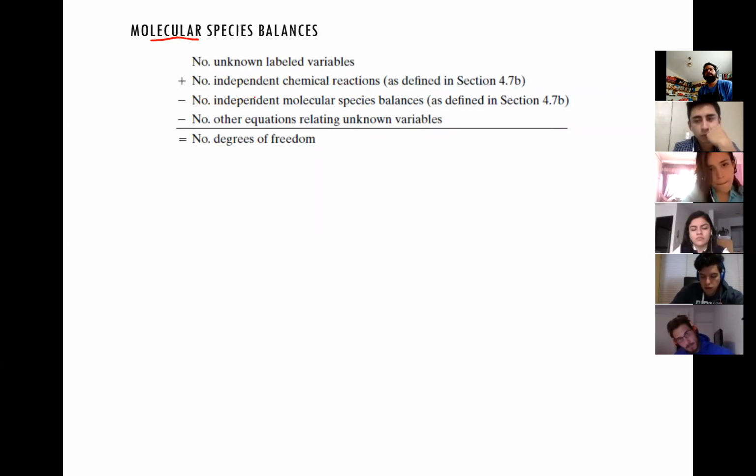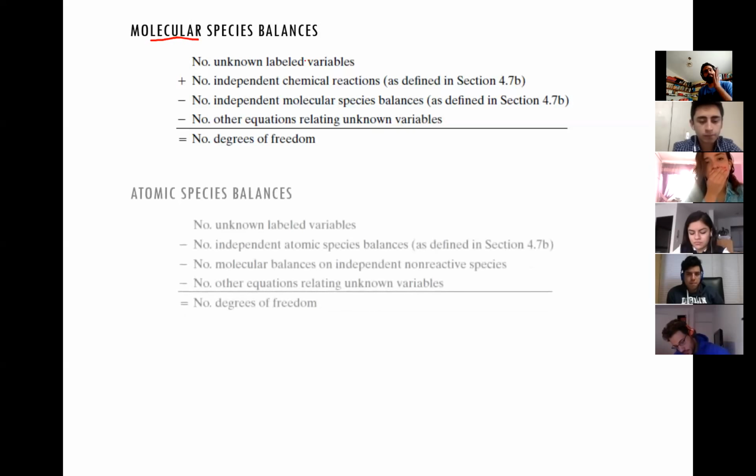Then we subtract the number of independent molecular species balances, that is, the number of different components that we have: oxygen, methane, CO2, and so on, right? And then we subtract the number of other equations relating unknown variables, right? These are extra equations that relate the components. And that will give us the number of degrees of freedom using molecular species.